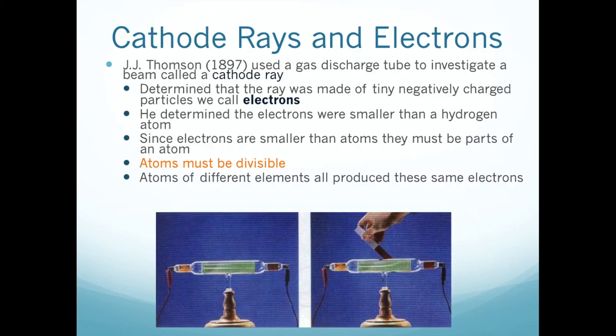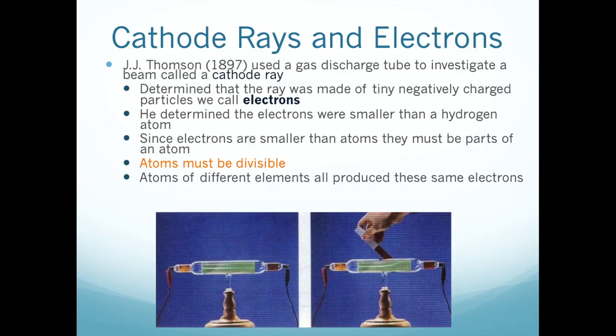Like, what is this made of? Well, he first deduced that they must have mass, right? If they're able to push these pinwheels, the things making up this beam must be particles, and these particles have to have a mass that's capable of pushing these pinwheels.